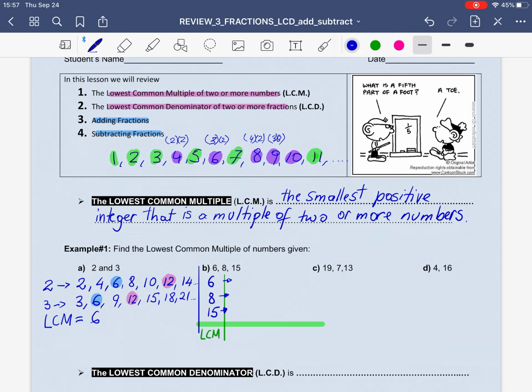So we're breaking down each number given here, 6, 8, and 15, into their prime factors. Now we don't want to list 1 because 1 doesn't really change the value of a number. So we're going to say 2 and 3 are the factors of 6. Number 8 has the prime factors 2 times 2 times 2.